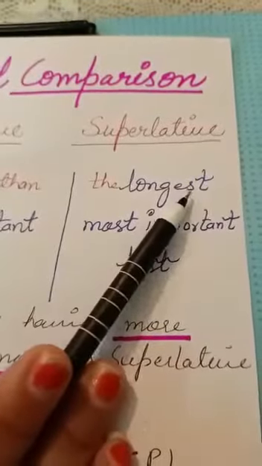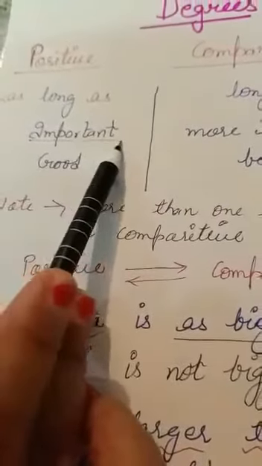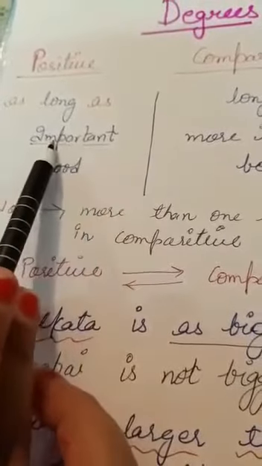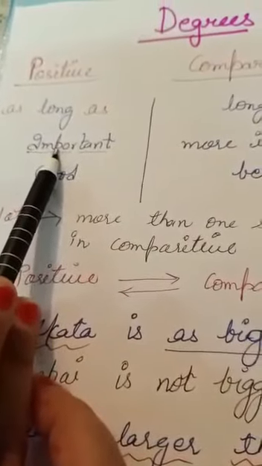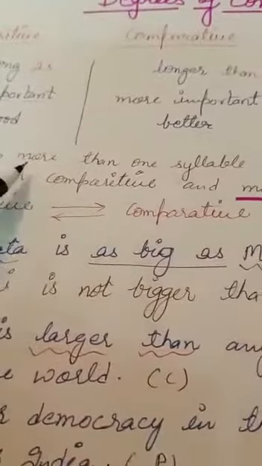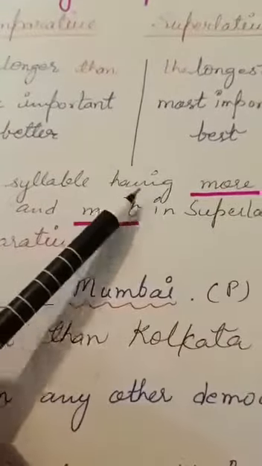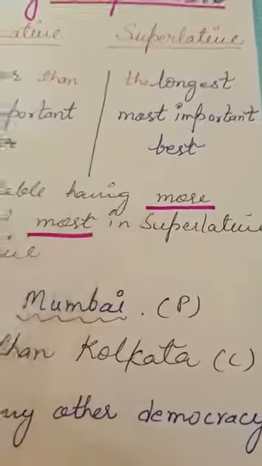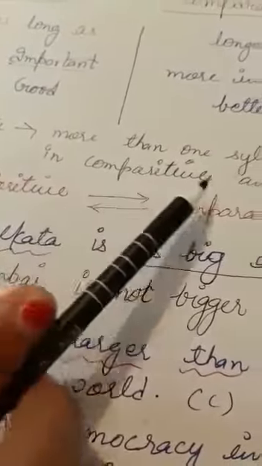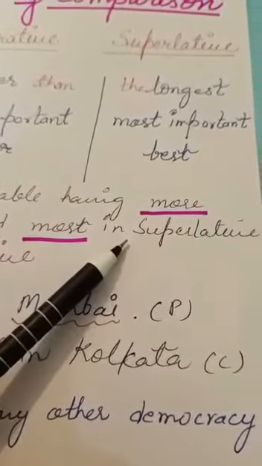Now children, you can see this word important. Important word you can see. It is having more than one syllable. So note is also there. You can see here. Note. More than one syllable having more in comparative and most in superlative degree.